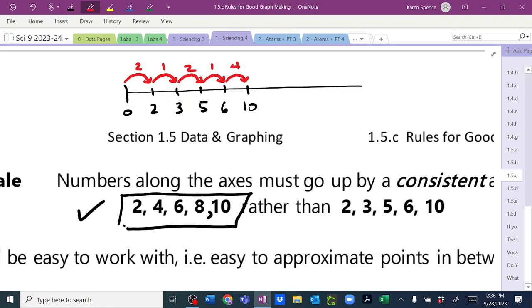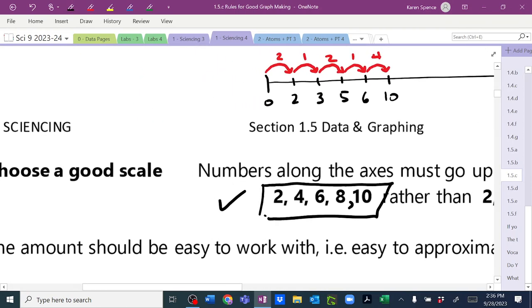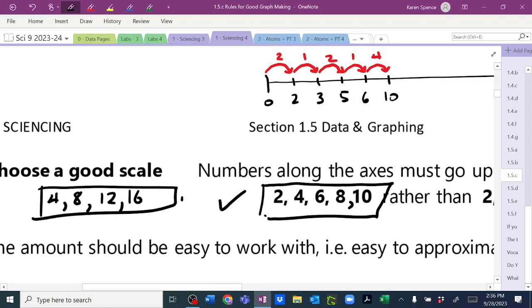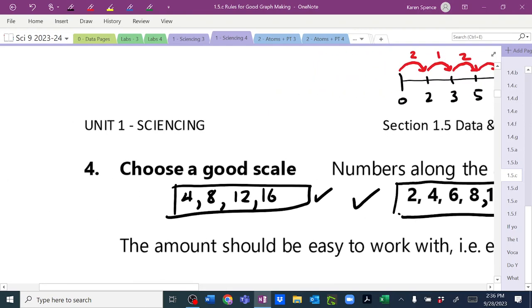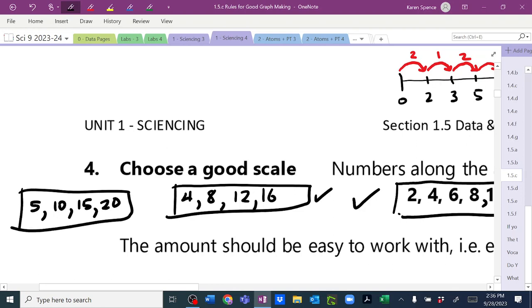What would another example of a decent scale be? Something you could count by? You could do 4, 8, 12, 16. That would be fine. You could count by 4s. What else could you do? Yeah. You could count by 5s. 5, 10, 15, 20. That would be fine.